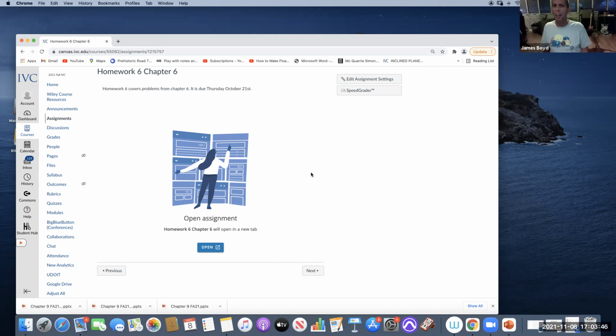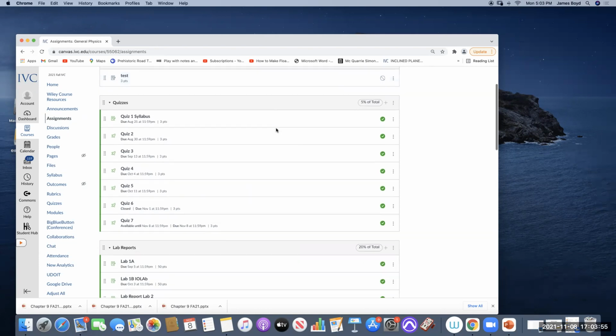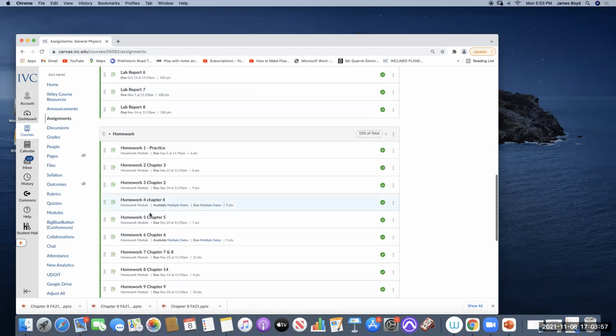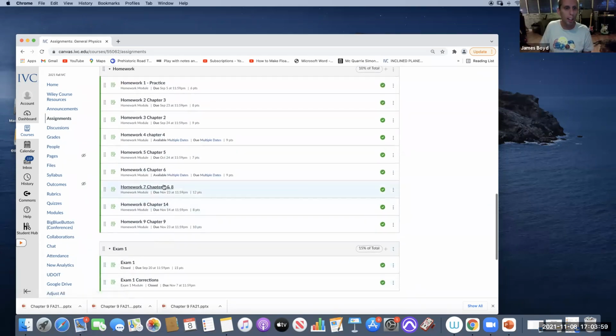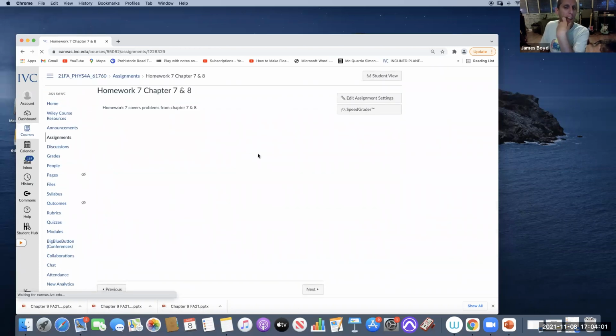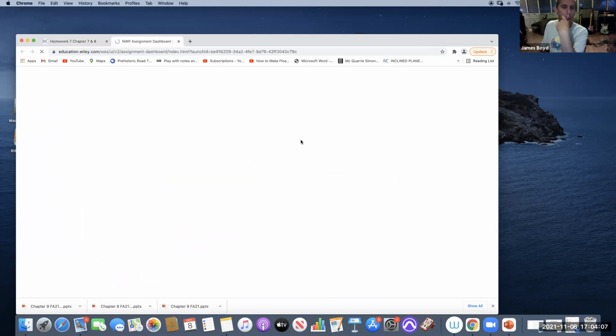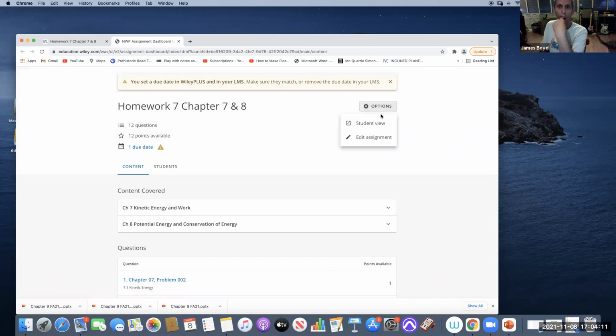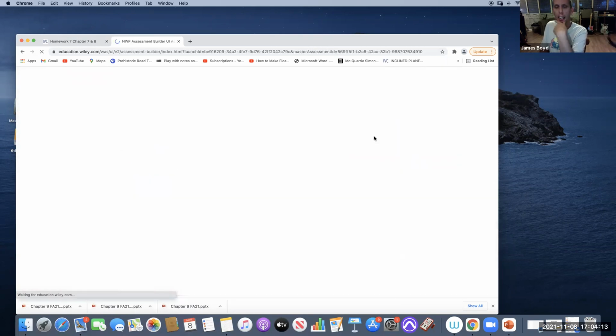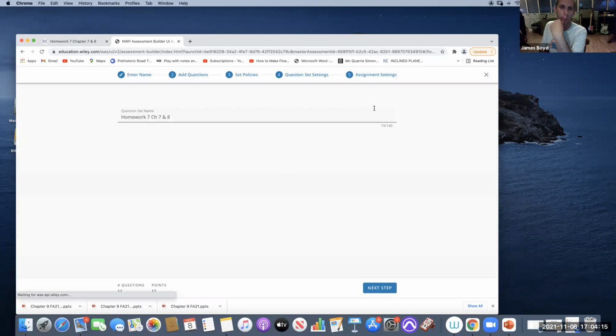You told me that, and I don't understand it, because even the date in Wiley, I think that was the one I just changed, right? Yeah, the due date. But if I go in, so this is 7 and 8, and open it, and I go to options, I can hit edit, and it takes me into the assignment builder.